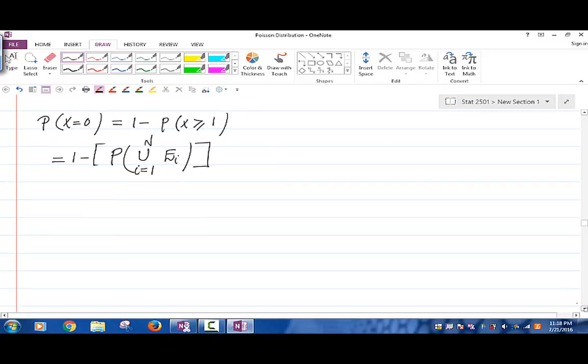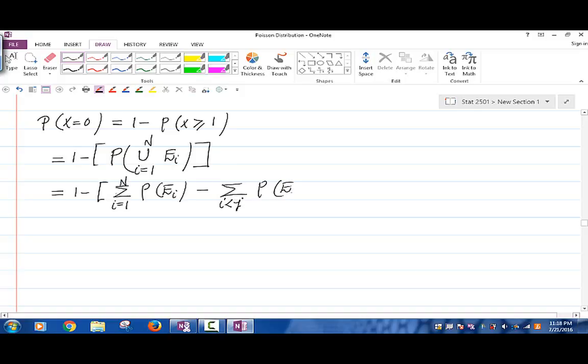And from now we're going to use the inclusion-exclusion principle and say that this is, first of all, the summation i going from 1 to n of the probability of E_i, minus the summation over i less than j of the probability of E_i intersected with E_j. Remember, we subtract the probabilities of two-way intersections, right?